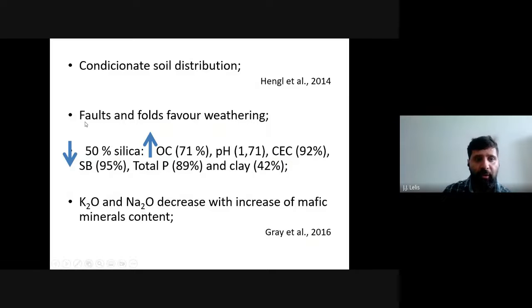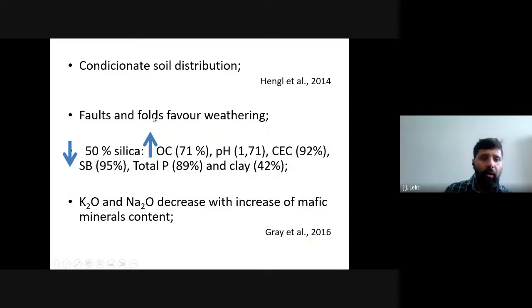And faults also can expose some materials that are hardly weathered. So maybe it also can make weathering harder. So in each case, we should understand if the parent material has faults or folds and how these materials expose easily or hardly weathered material, okay?